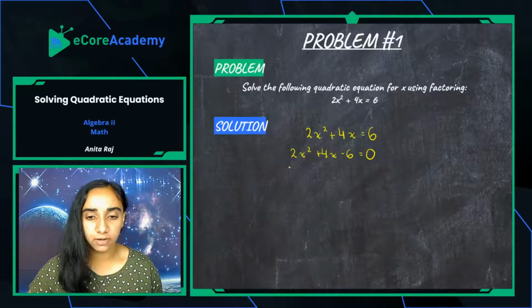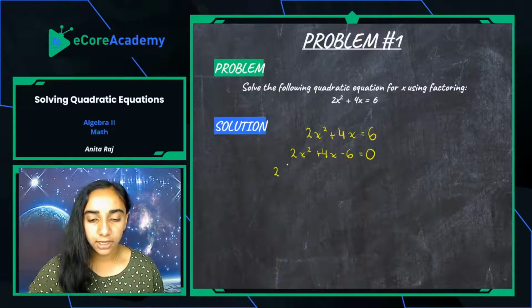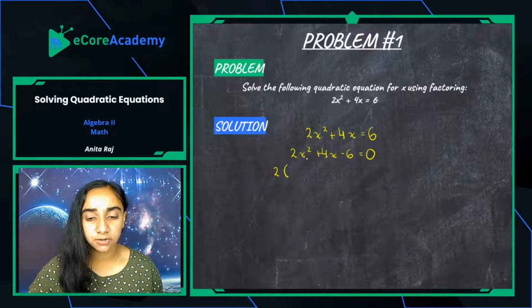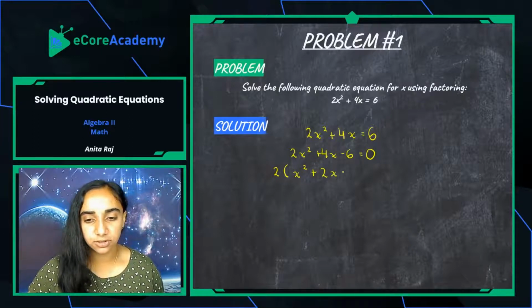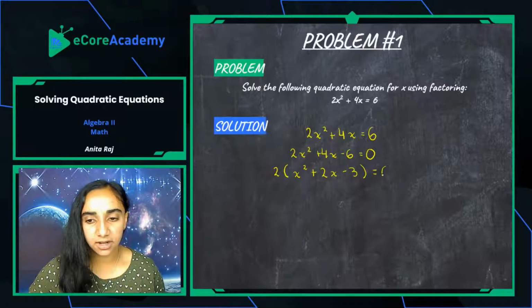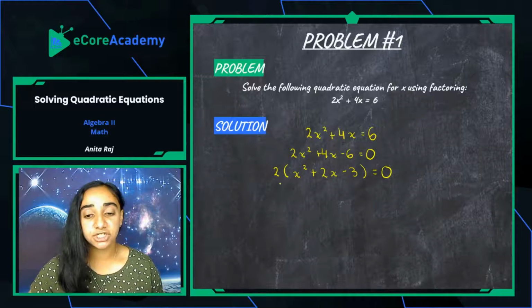So if I pull 2 out, I can rewrite this as 2 times x squared, because 2x squared divided by 2 is x squared, which is what we wanted. 4x divided by 2 is just 2x, and negative 6 divided by 2 is 3. So this would be minus 3, and that is equal to 0. We just GCF that out.